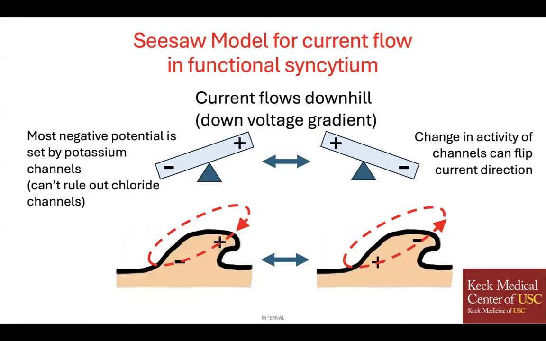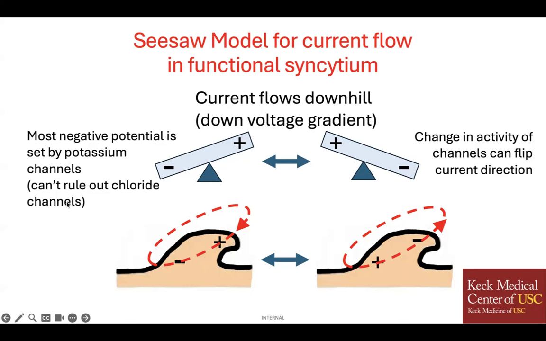So what is this Seesaw model? We know, going back to high school physics, that a current will flow downhill, down a voltage gradient from the positive voltage to the negative. So current in this case on this seesaw would flow from the upper right to the lower left, as I've drawn it here. The most negative potential is set by potassium channels.